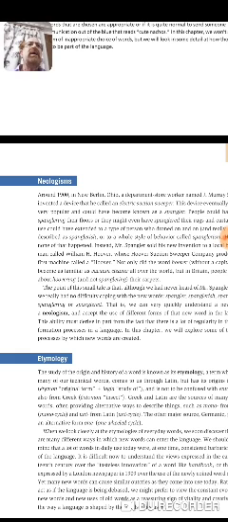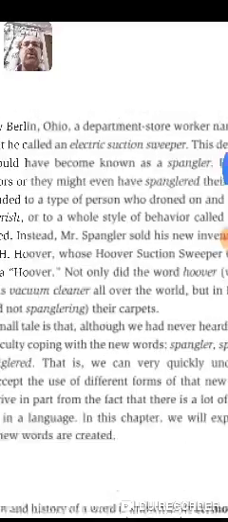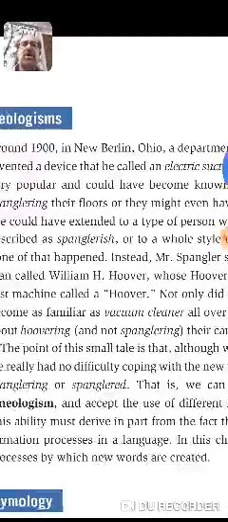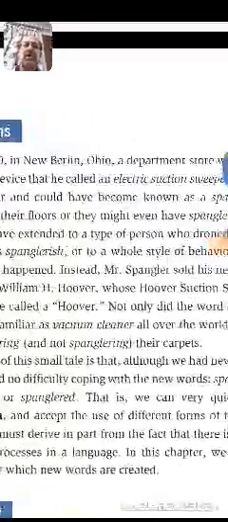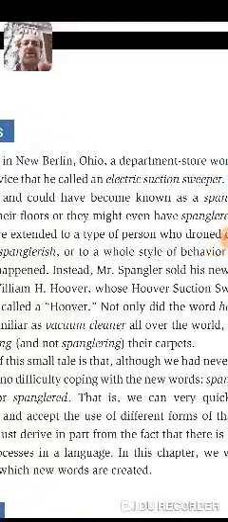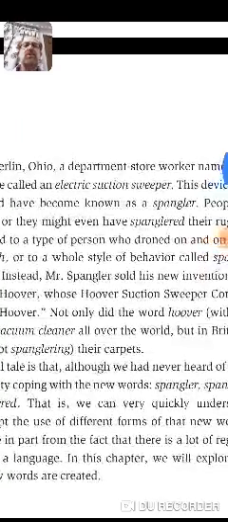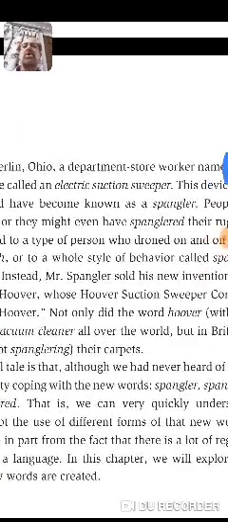Somebody actually made something like a vacuum cleaner for the first time, but he didn't know what to call it. This is the story of how to call it. The original name around 1900 was electric suction sweeper.